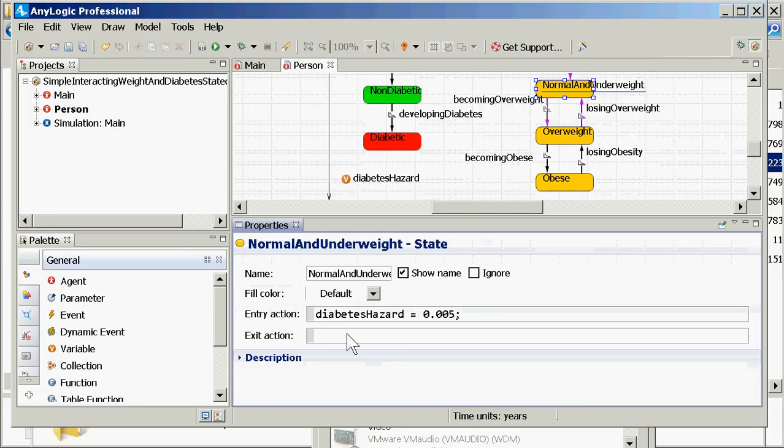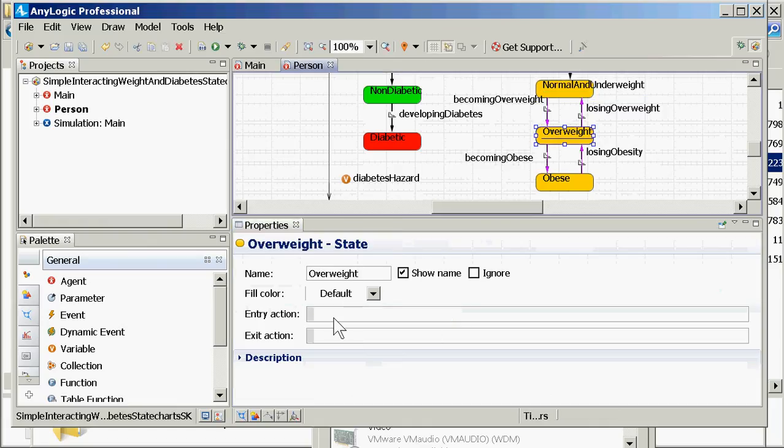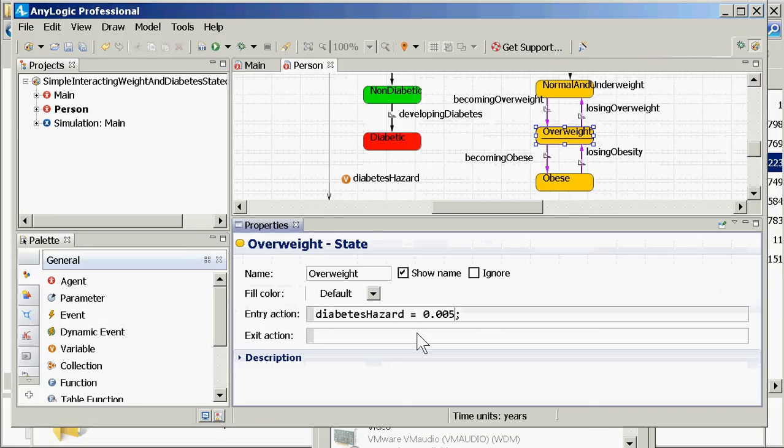Ladies and gentlemen, we're working towards our crown jewel here. And humor me just a little bit. In the overweight state, our diabetes hazard, our chance per year of developing diabetes, is going to be 2% per year. So as long as they're overweight, they're going to have a 2% chance per year of becoming diabetic.